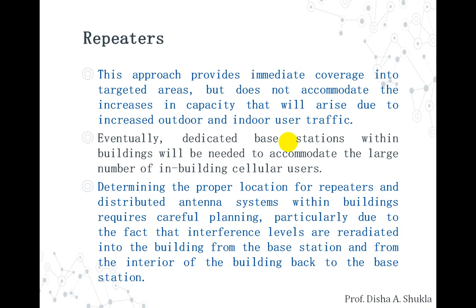Because the repeater retransmits the signal it has received, as we increase the repeaters, it will immediately increase the coverage in the targeted area, but the capacity demand also increases, because it is transmitting the whole signal again and the indoor and outdoor traffic increases gradually.